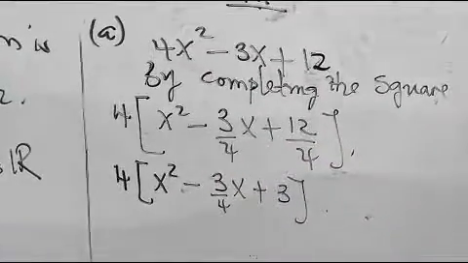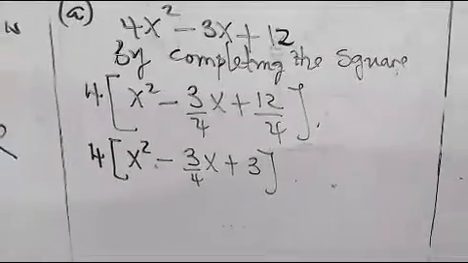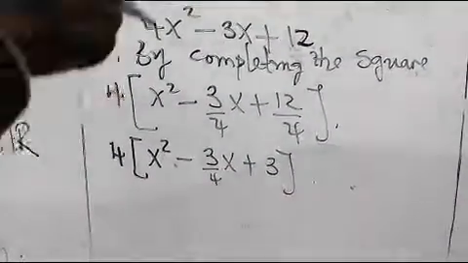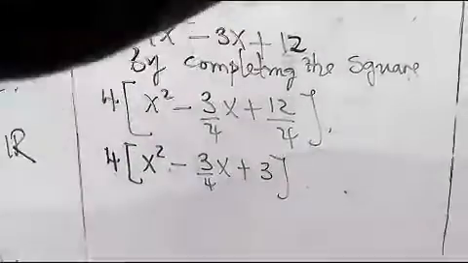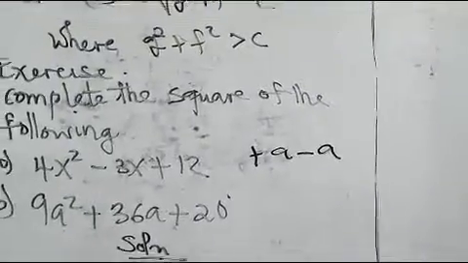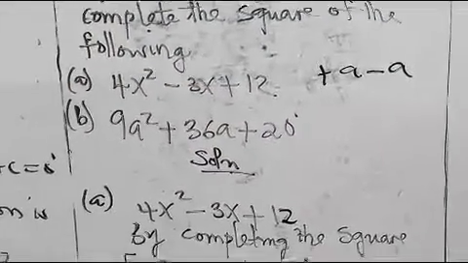Now the next part is we are simply going to add and subtract the square of half the coefficient of x in the expression. It's like adding a and subtracting a. So we are going to add and subtract at the same time.